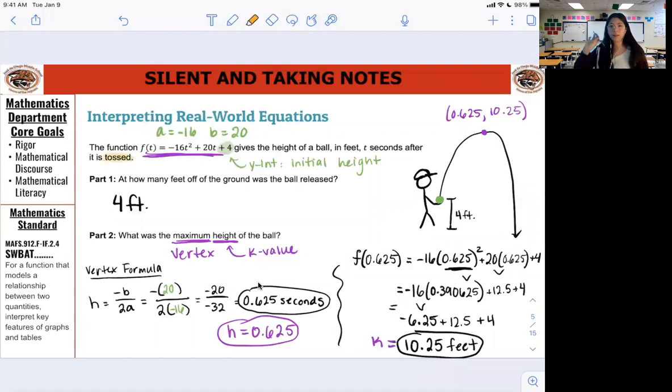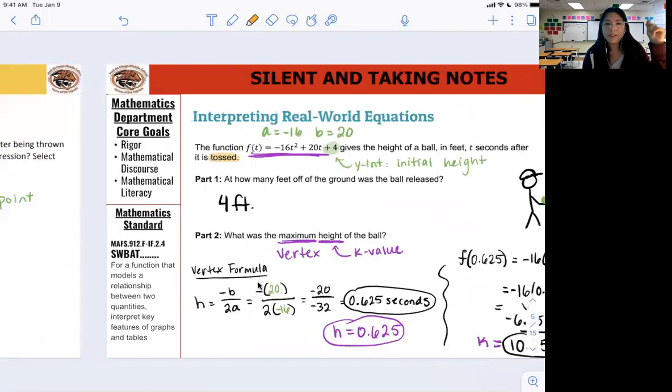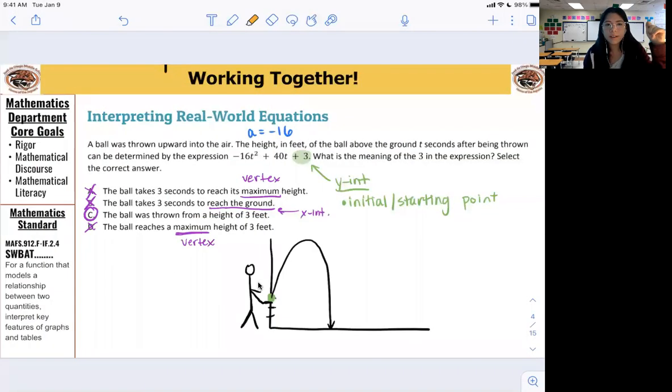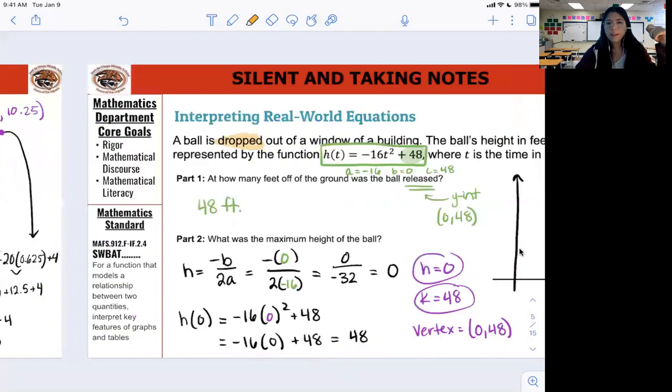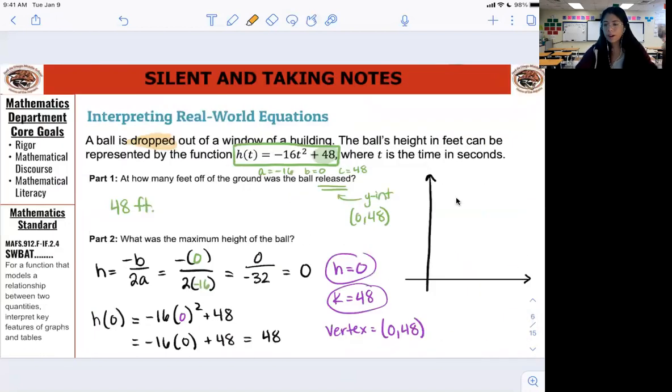When you toss something, unless you're a toddler who doesn't know how to throw things yet, usually you're going to toss it up and then it comes back down. So that's a really good word to look at in each of these problems. I think this one, yep, the ball was thrown upward. So in all of these, it goes up, then it comes down. Here it's tossed up, then it comes down. But here, it's just dropped.